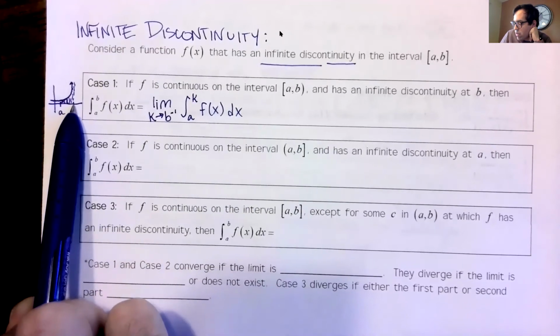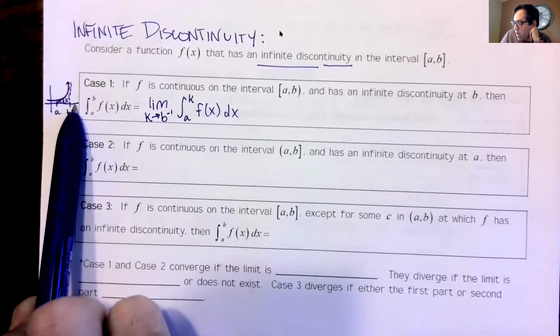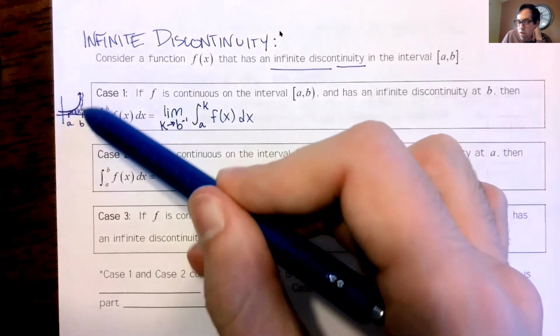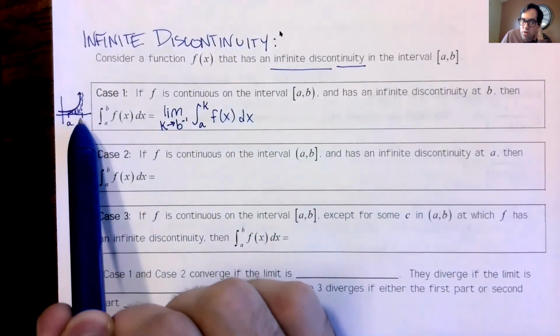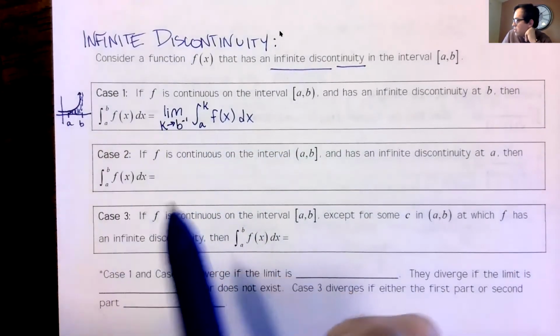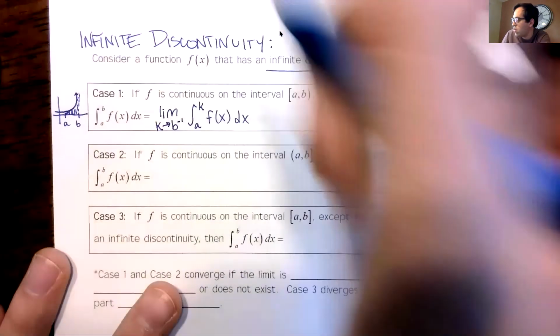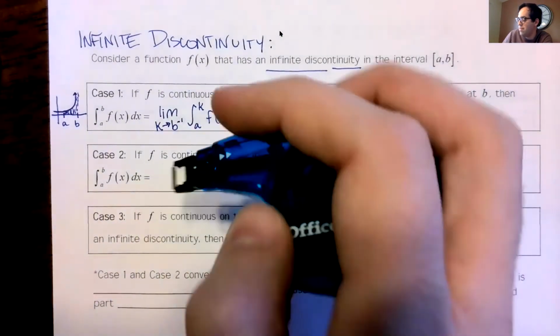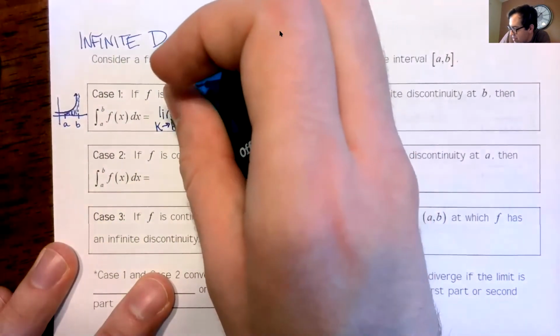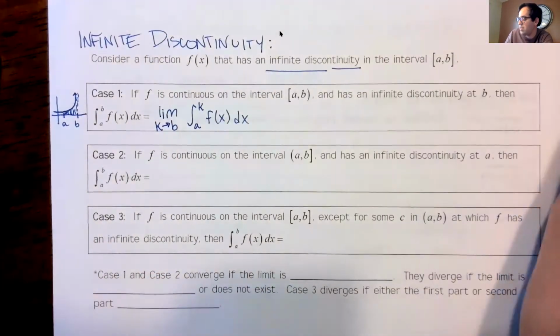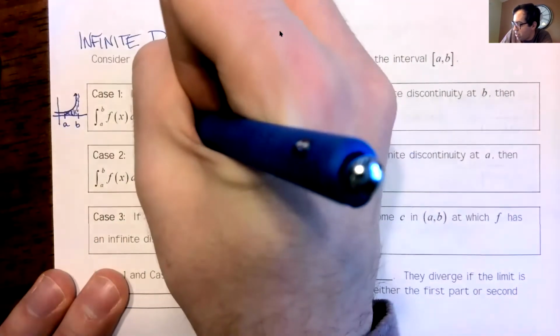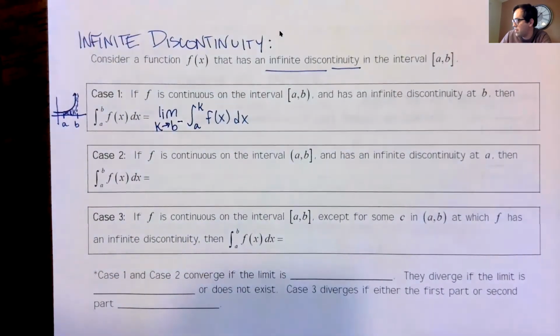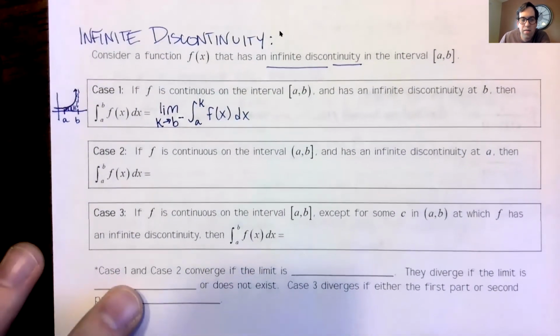And you can see we don't care about b from the right because that's not part of our shaded area. So we're only approaching b from the left. K approaches b from the left. That's the proper notation. Once again, my bad.